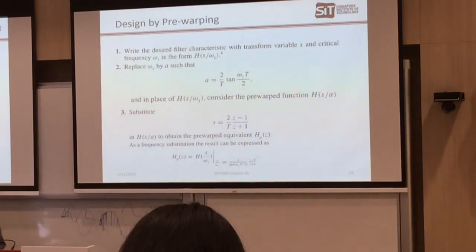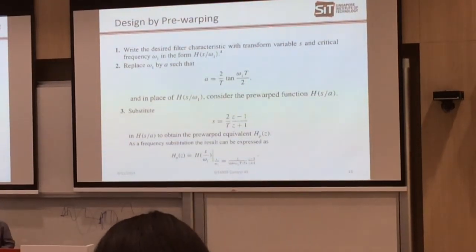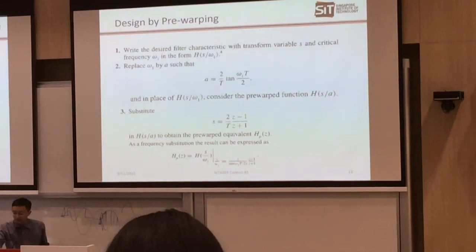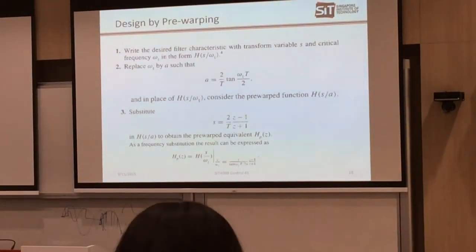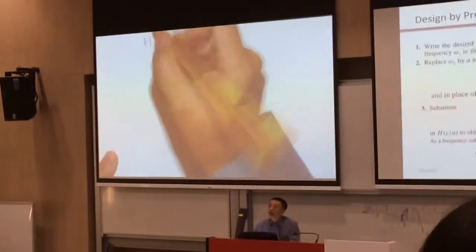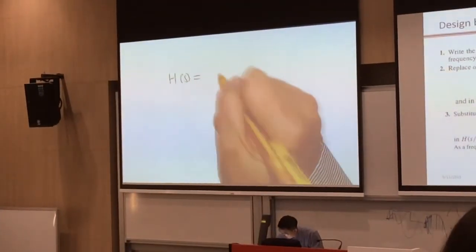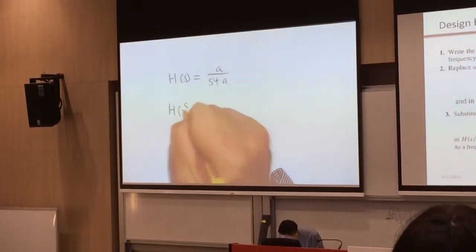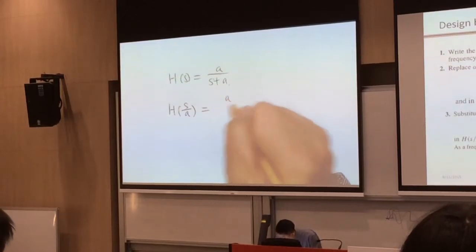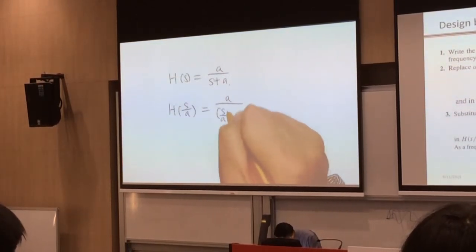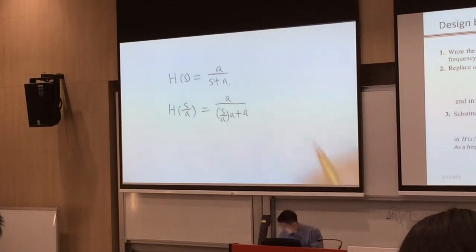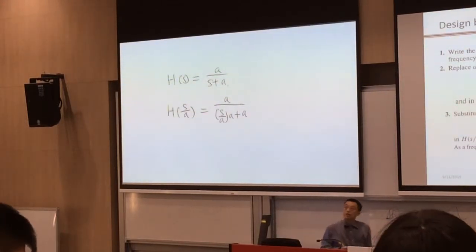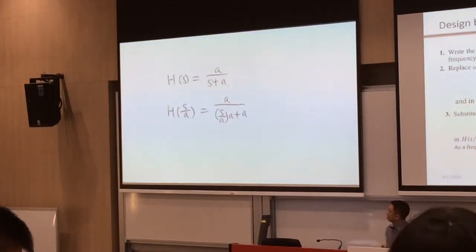So if in this scenario your critical frequency is A, previously your function H(s) is equal to A divided by S plus A. So what you need to do is rewrite your function in the form of S divided by omega.